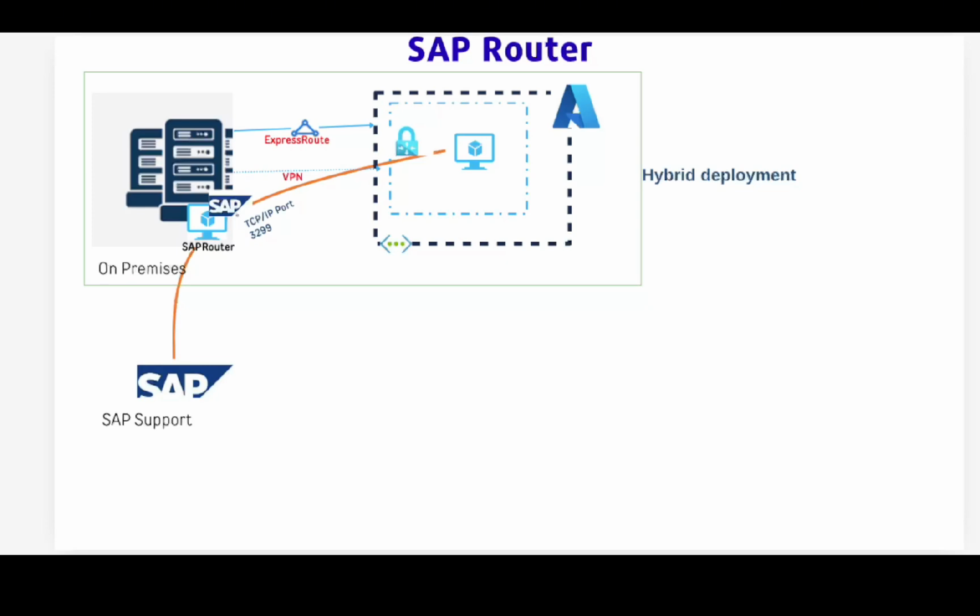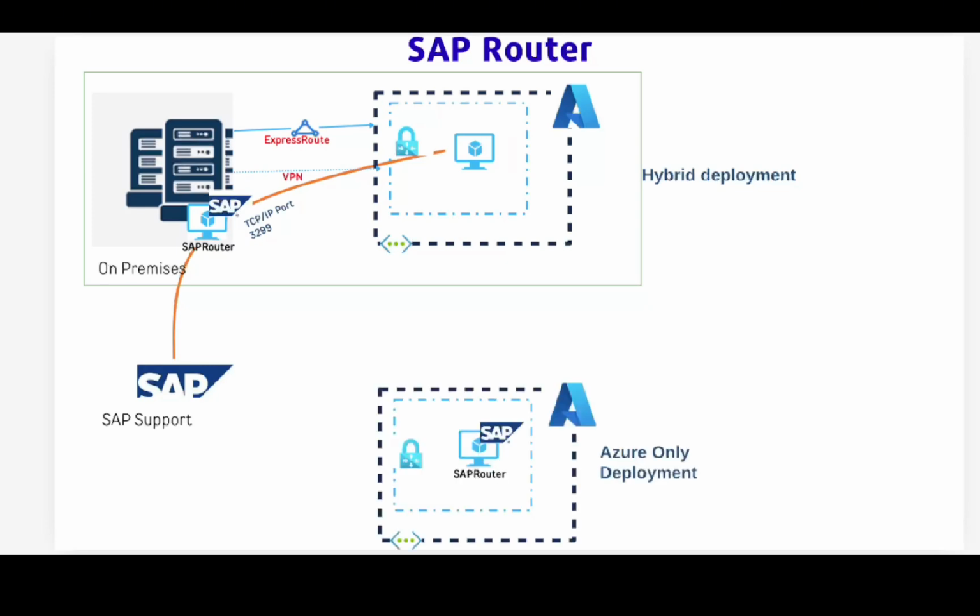The next setup would be an Azure-only deployment, where you do not have any on-premises SAP router. In this case, you would deploy a VM in Azure, assign a static IP address to that VM, and allow TCP port 3299 to communicate with SAP support. There are some key points which we need to remember.